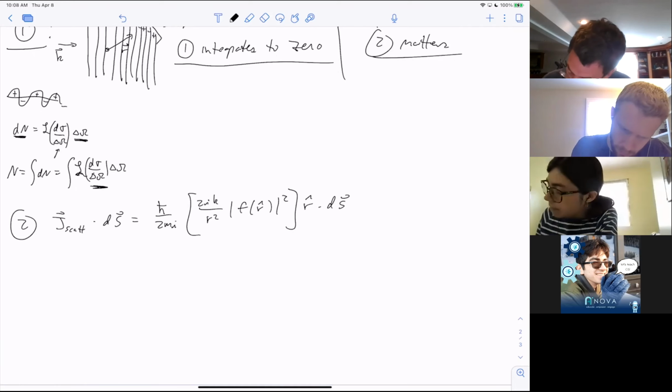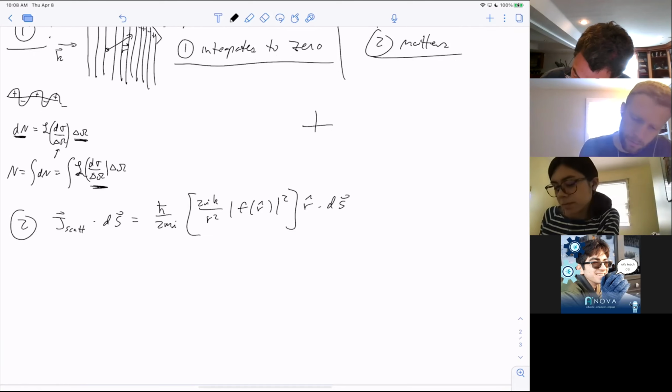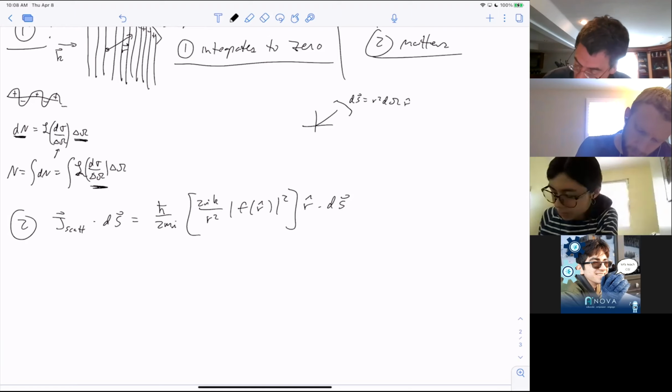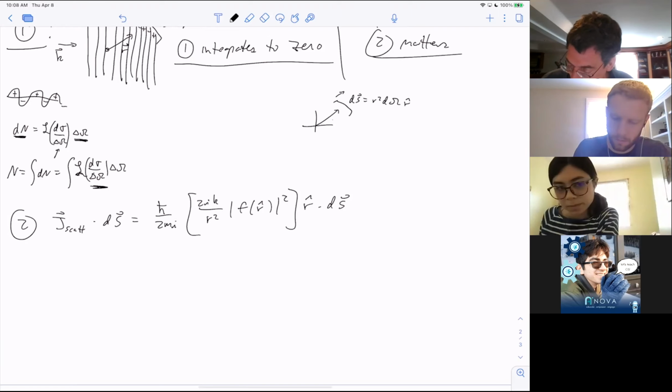But then you notice that dS for the detector is, remember, this is the geometry, and the detector is here and covers some solid angle, but dS is equal to r squared d omega r hat, because that's the direction of dS. So that's r.